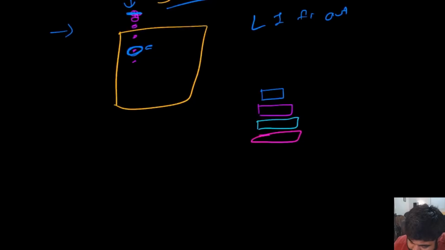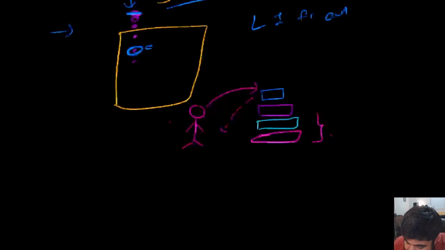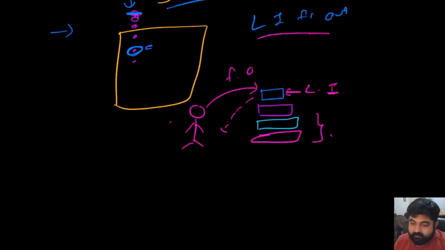Whenever some person comes in, that person would only have the ability to take the first plate at the top. They are not going to go for the bottom plates, otherwise all the plates would fall over. So this blue plate was the last plate that we put in, and that became the first plate to come out. That's why it follows the principle of LIFO.